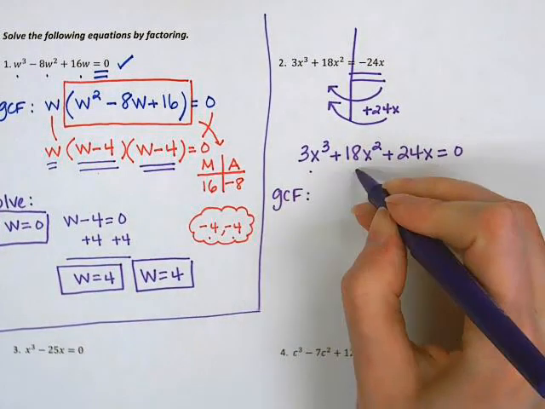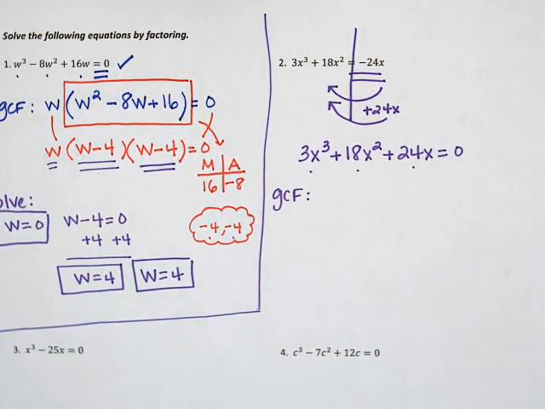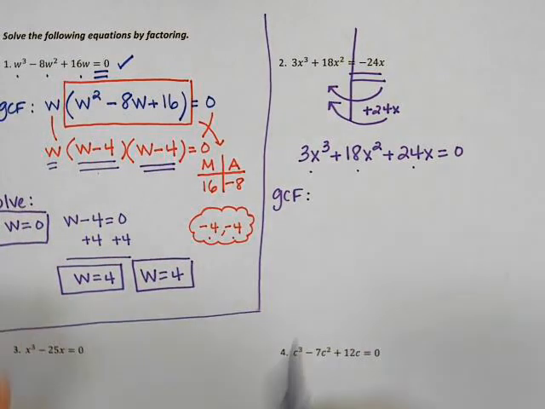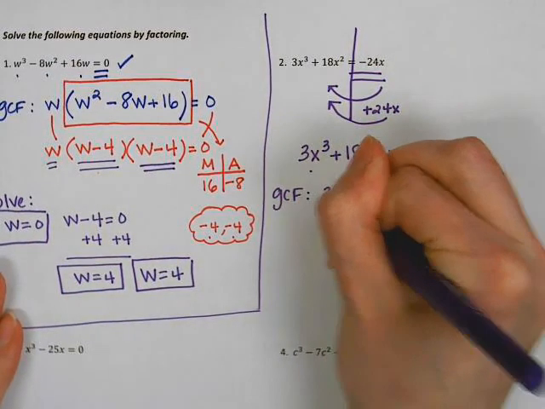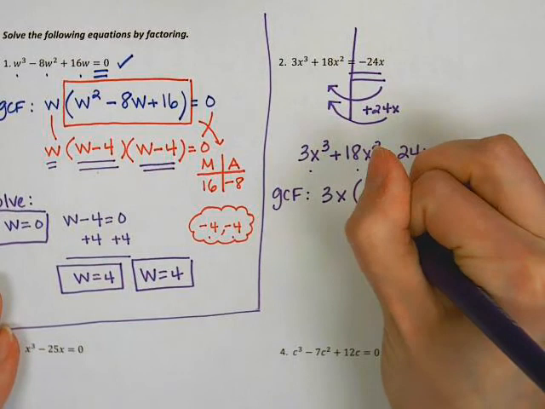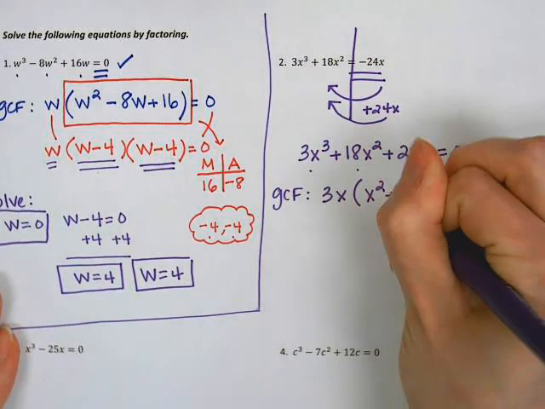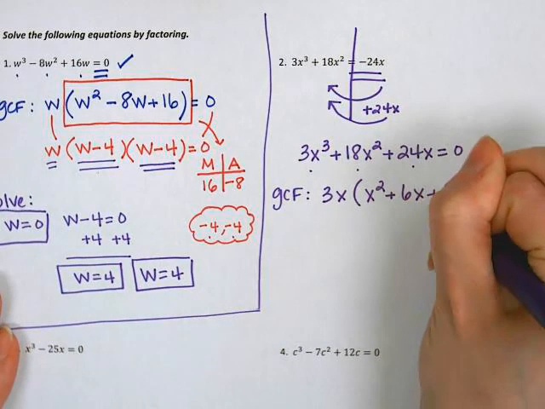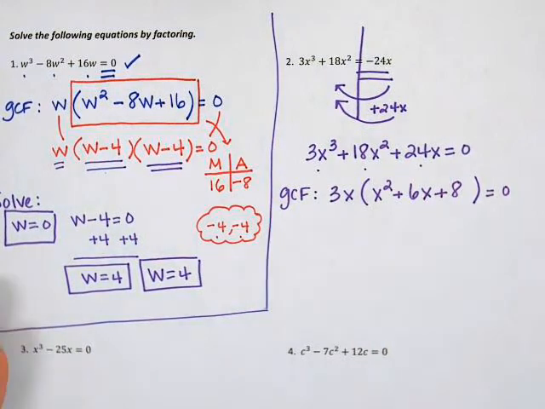What do all three terms have in common? What can we take out of all three? And I hope you guys see a 3x. So let's divide that out. We're left with 1x squared plus 6x plus 8 equals 0.